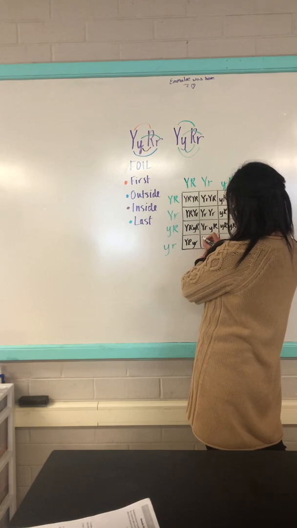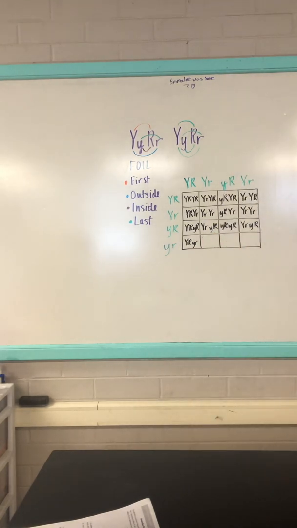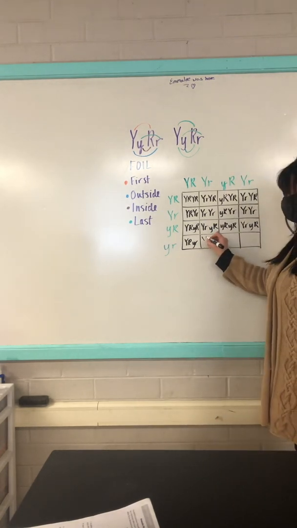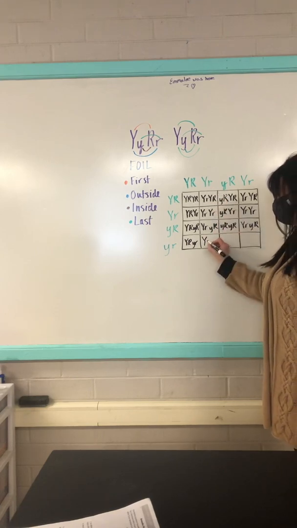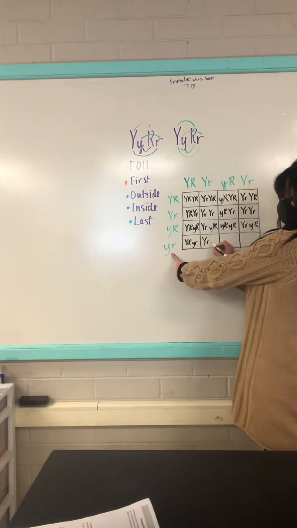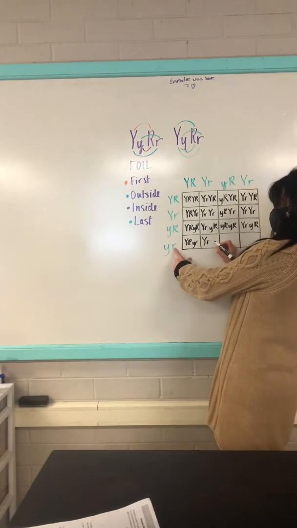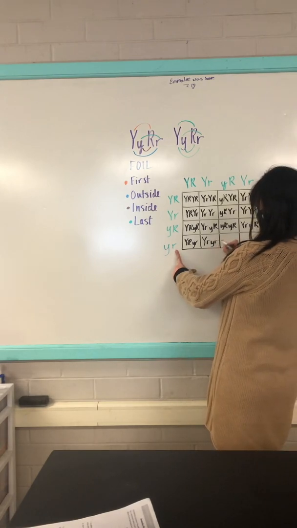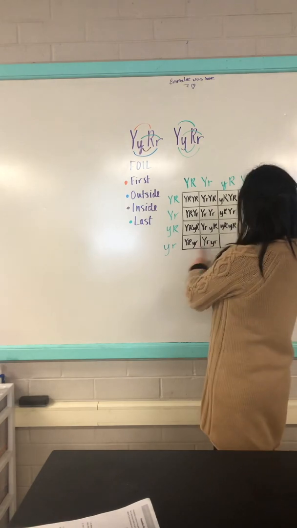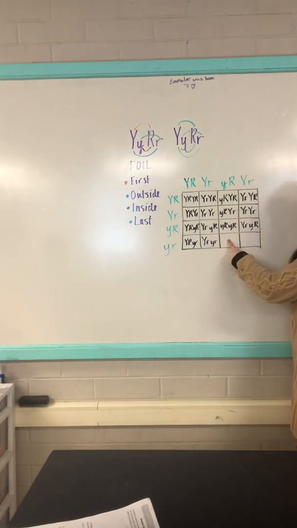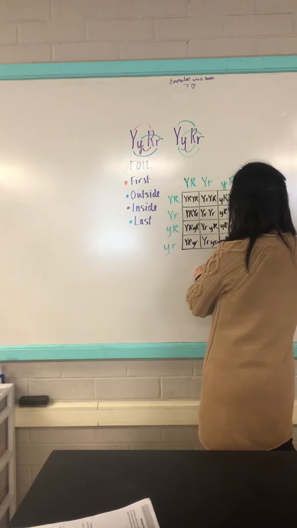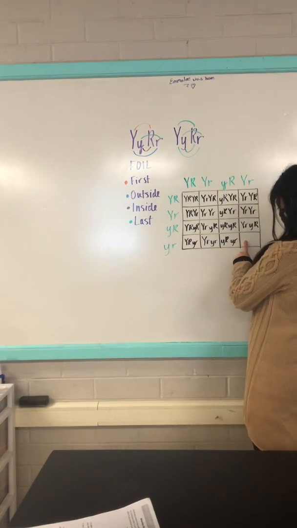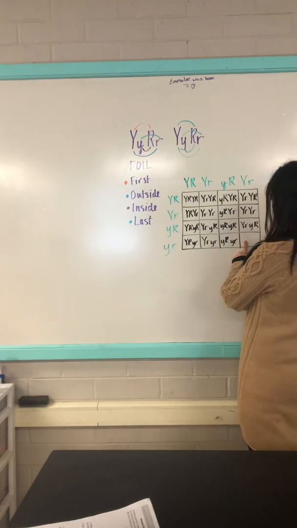Can you see that? Scoot over. Big Y, little y, little R. And then, what is this one? Little y, little R. Yep. Hunter, this one. Little Y, big R. Little Y, little R. Tristan. Y, R.